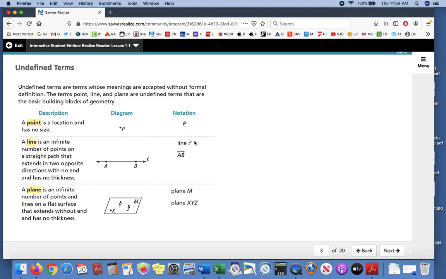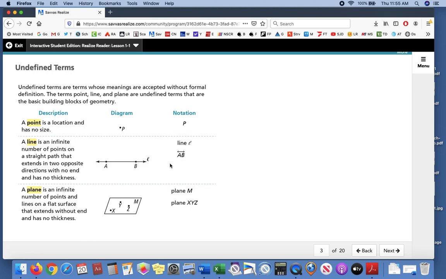Notation, line L. Or you have to use 2 points, and only 2 points, to name a line. This is line AB, which could be written like this, with a line above it with arrows on either end. Or this document could have said line BA. You can have the letters in either order, just 2 letters.